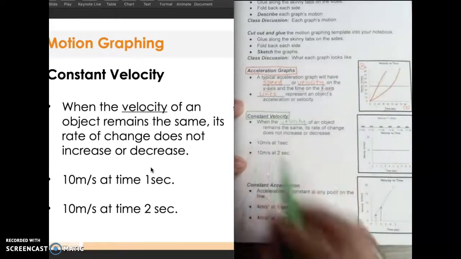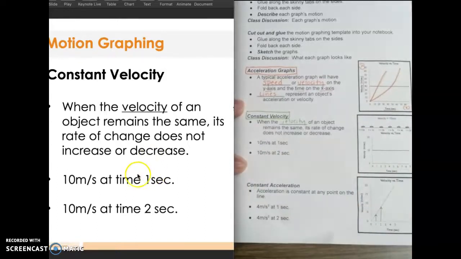Here's an example. Down here, it says 10 meters per second at time 1 second, and then 10 meters per second at time 2 seconds. What that's saying is that at these two different times, the rate of the object did not change.